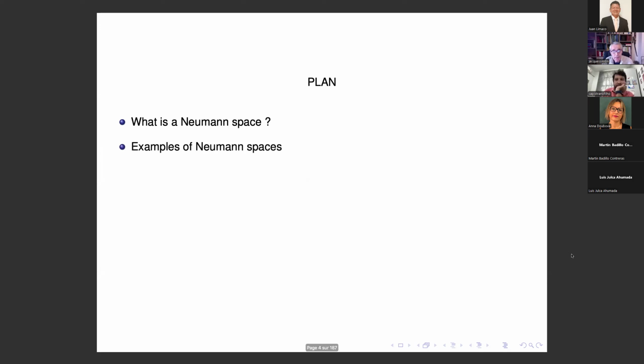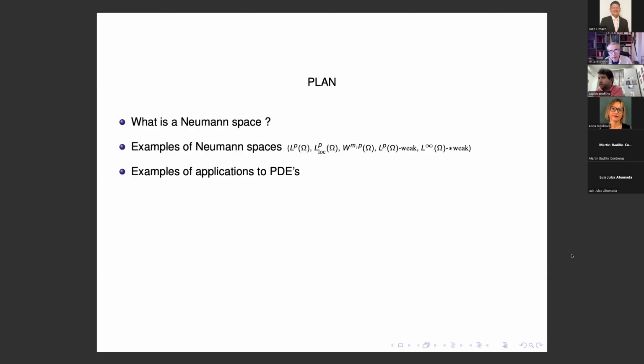Then we will give some examples of Neumann spaces. For example, LP, LP loc, WMP, LP weak, L infinity star weak are Neumann spaces. We will see some examples of application to PDEs, to the heat equation, to the Navier-Stokes equation, and to a stochastic equation.